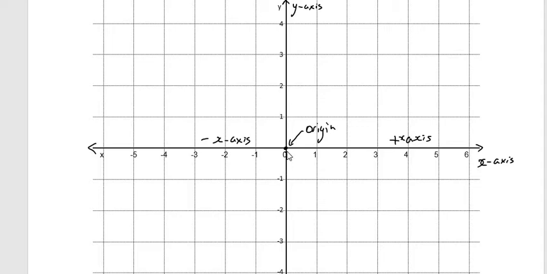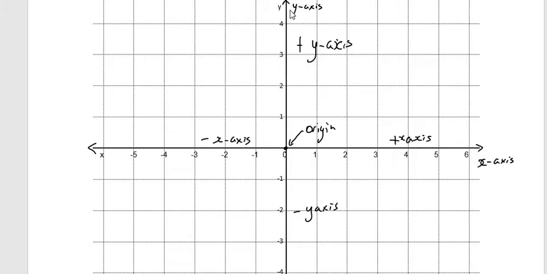Likewise, for the y-axis, below the origin, we have the negative y-axis. In other words, that part of the y-axis where we have the negative values. And above the origin, we have the positive y-axis. In other words, that part of the y-axis that is positive.